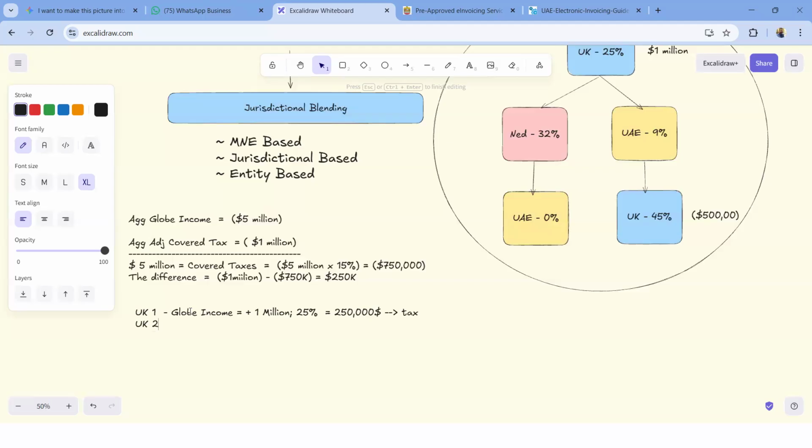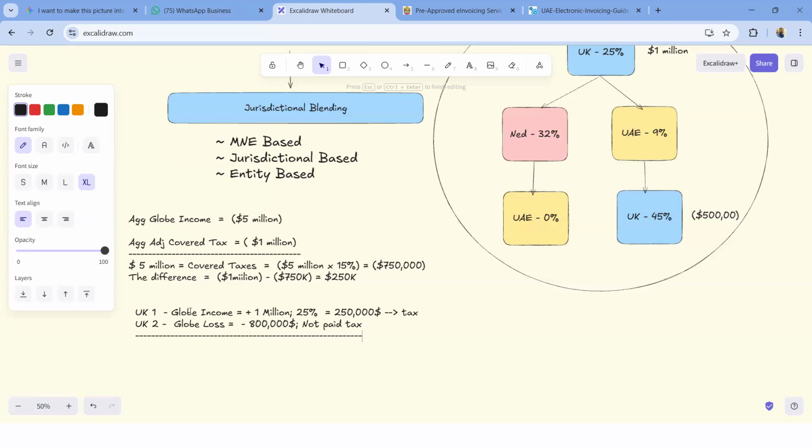UK2 has a globe loss of, let's say, $800,000, and it has not paid any tax because it is a loss. Now, if I take the jurisdictional ETR, what would it be?